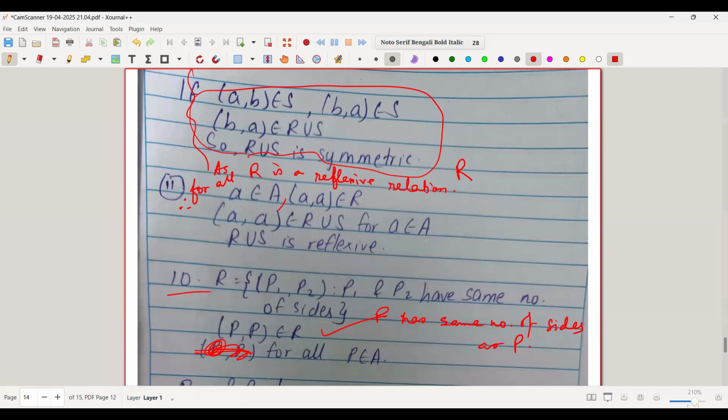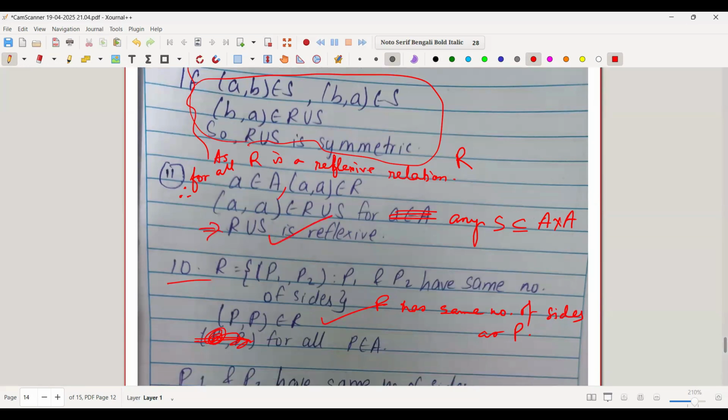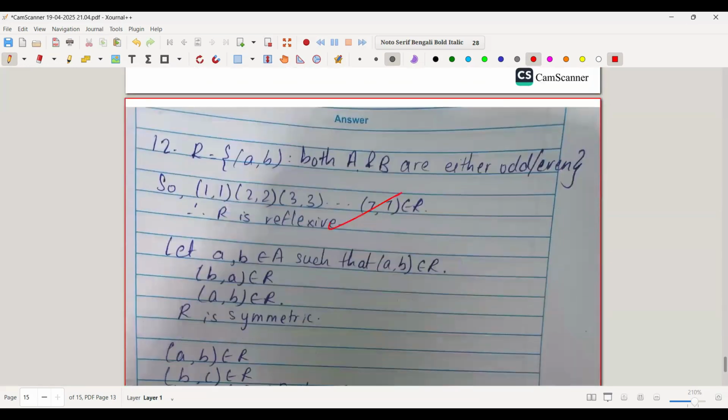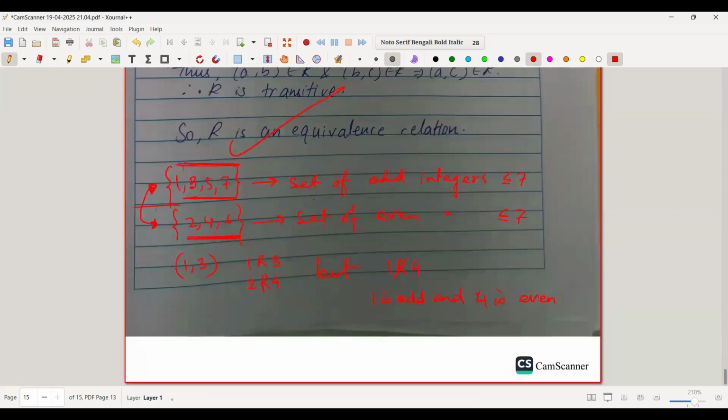Therefore, for all a belongs to A, (a, a) belongs to R, and (a, a) belongs to R union S, for any S. Sorry, this is a relation on A, so that means this is a subset of A cross A. So that implies R union S is reflexive. Okay.